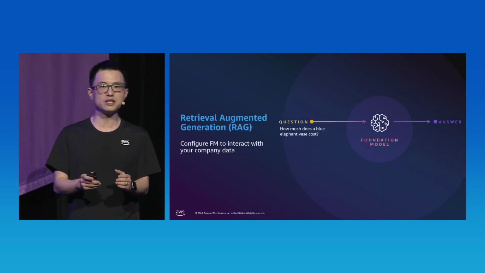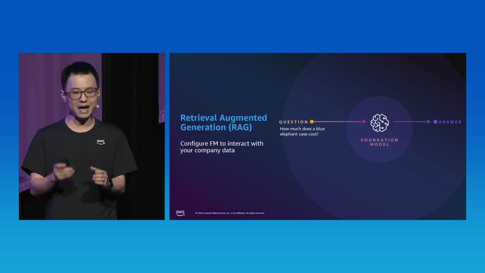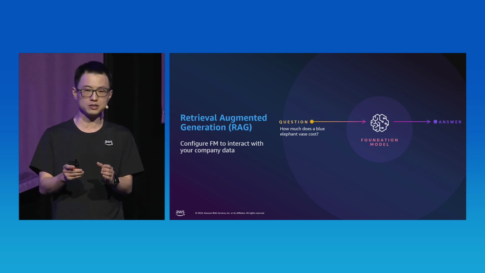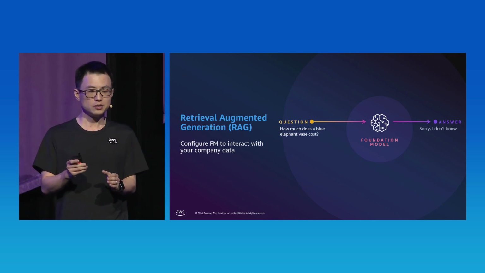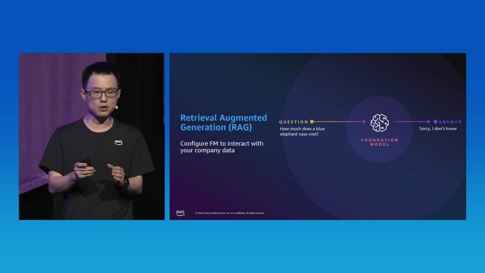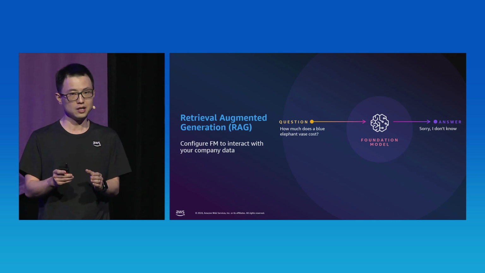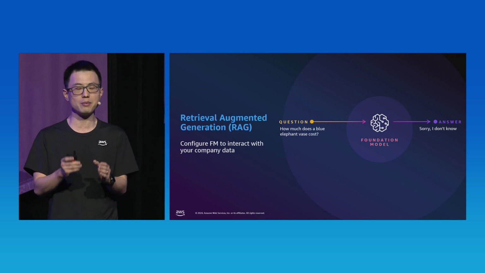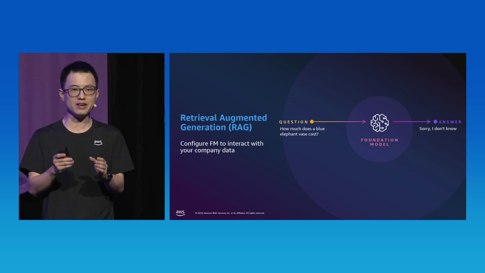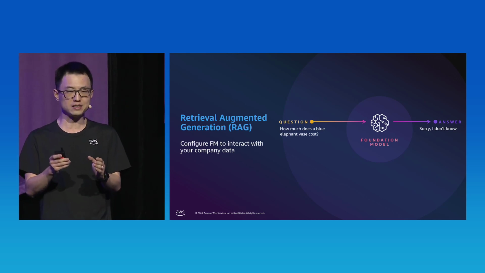If we use the foundation model directly to build the app, and you ask questions about the products in our toy example, the foundation model probably doesn't know the answer. This is because foundation models are usually trained using publicly available data. They don't have any knowledge about your specific products.